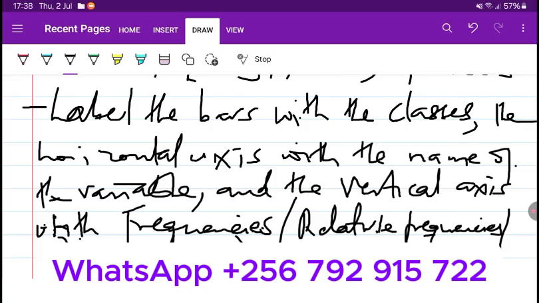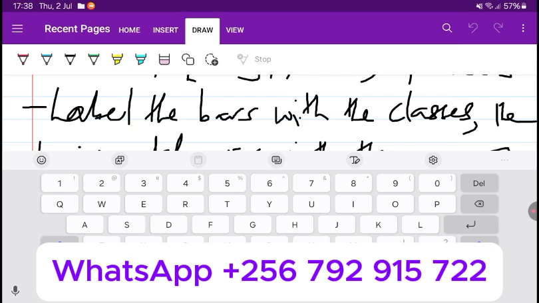That's what you name the horizontal scale. Then of course the vertical scale is going to be the one representing the frequency or the relative frequency or the percentage. So we need to look at a simulation and then we'll be able to solve it out.